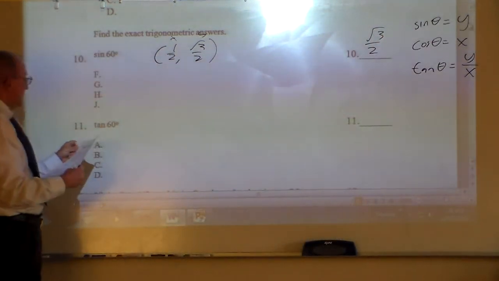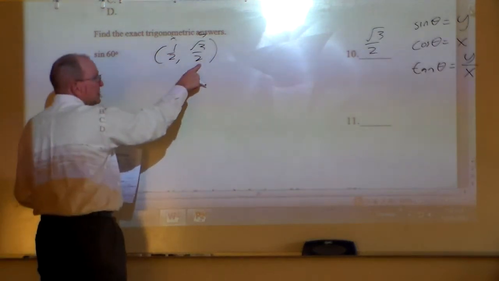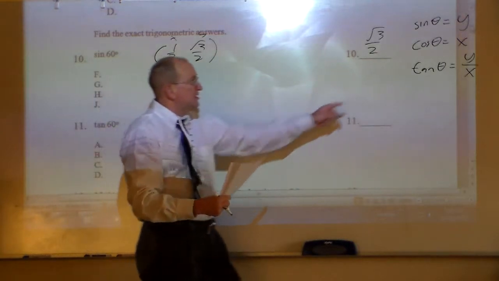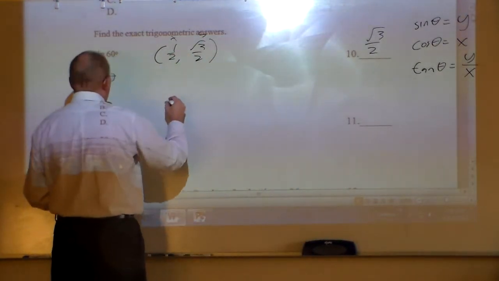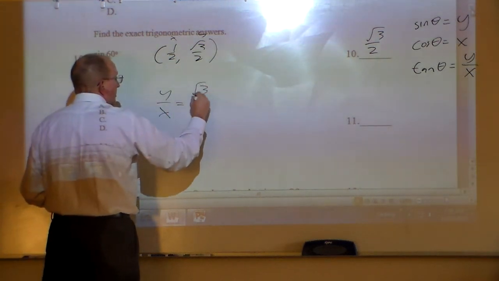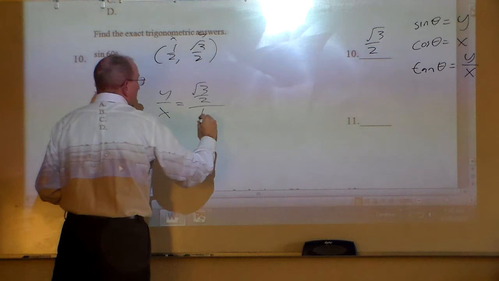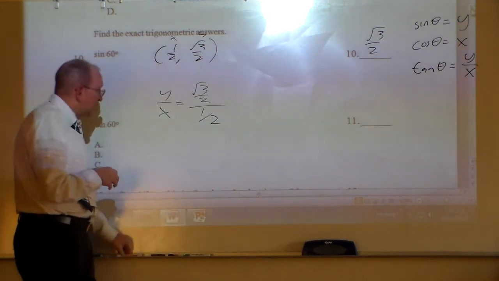All right? Now then, ooh, tangent at 60. Notice we have the same point. But what is tangent? Tangent is y divided by x. So now if I have y divided by x, that simply means it's square root of 3 over 2 over 1 over 2. And I talked about the handy-dandy shortcut on this.